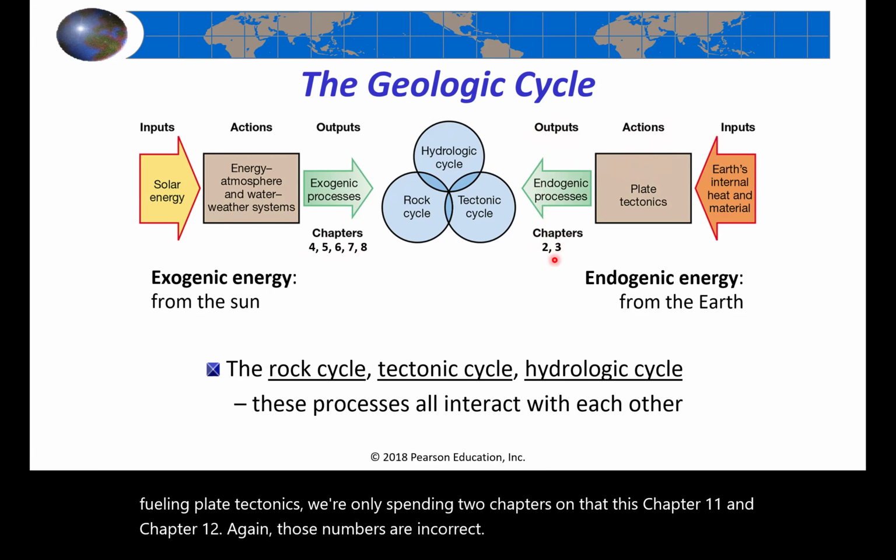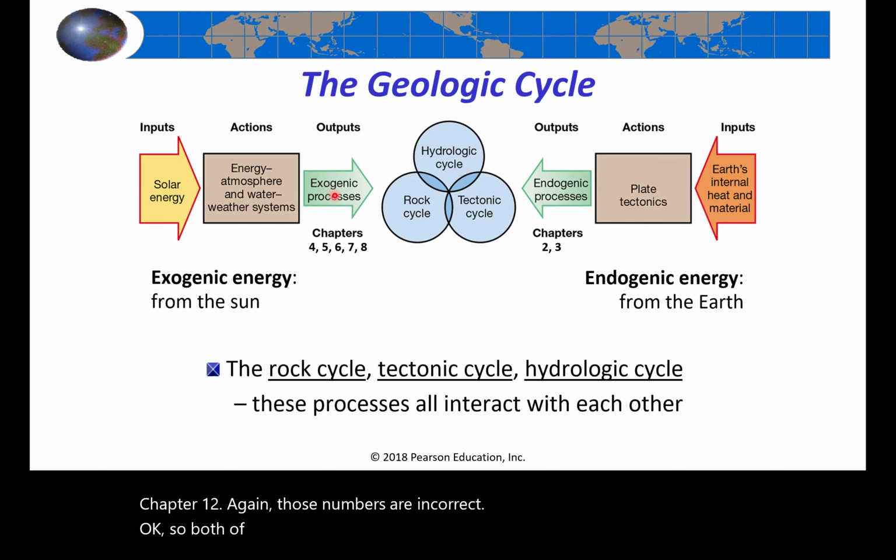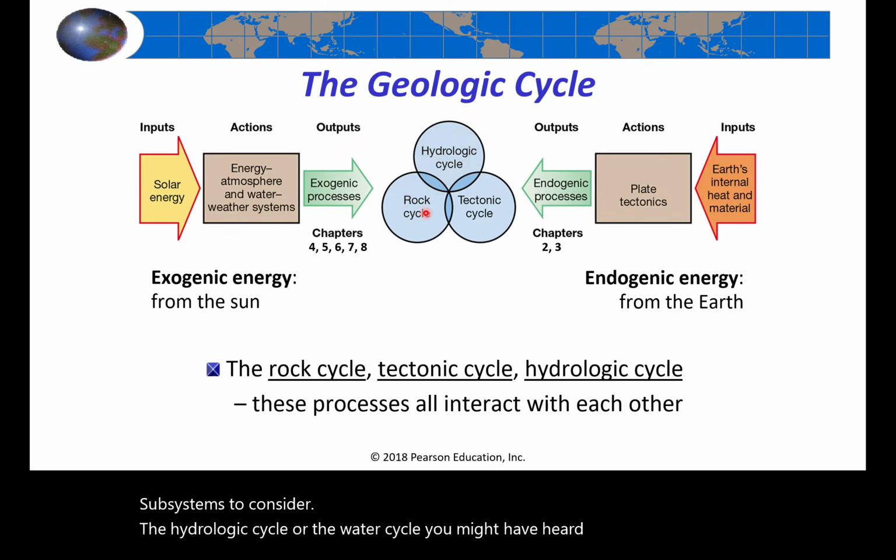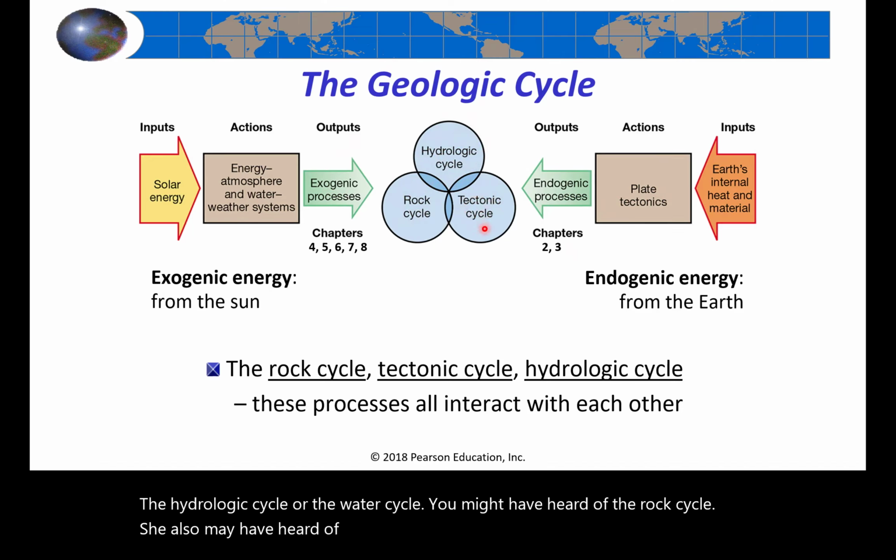Okay, so both of these things, internal and external processes, we have three main subsystems to consider. The hydrologic cycle, or the water cycle, you might have heard of, the rock cycle, which you also may have heard of, and the tectonic cycle, which you may or may not have heard of.